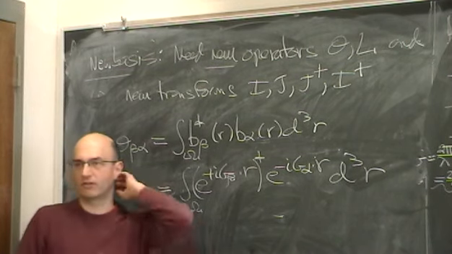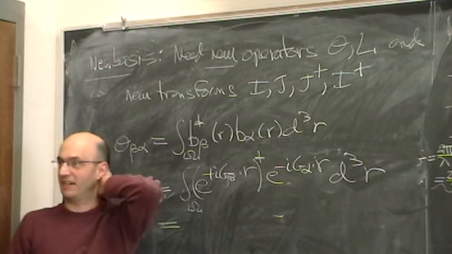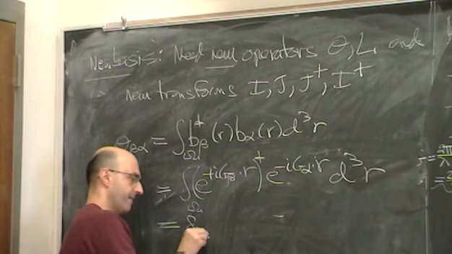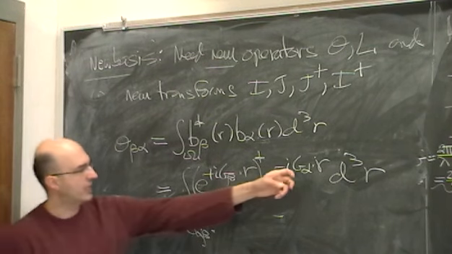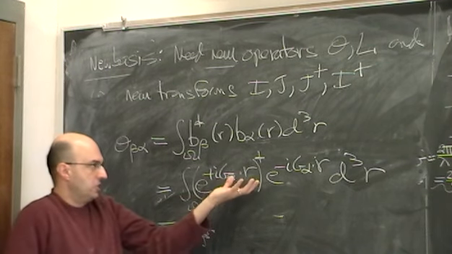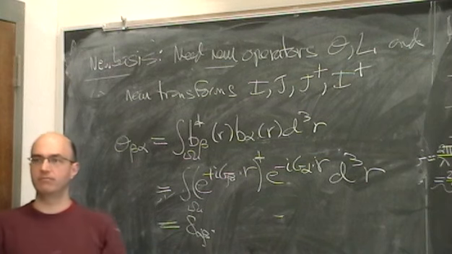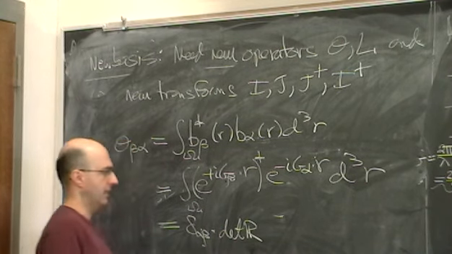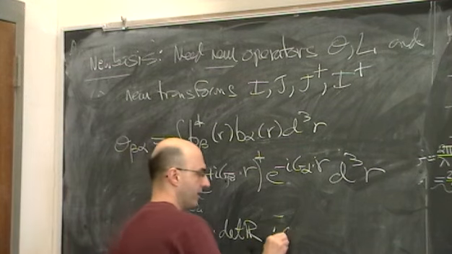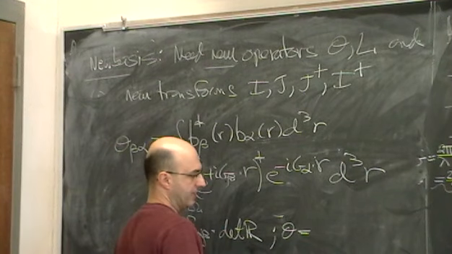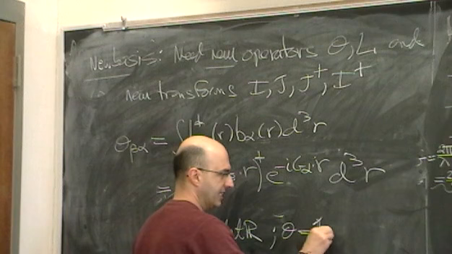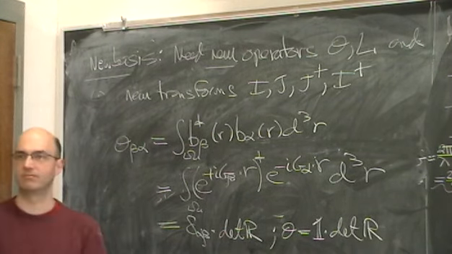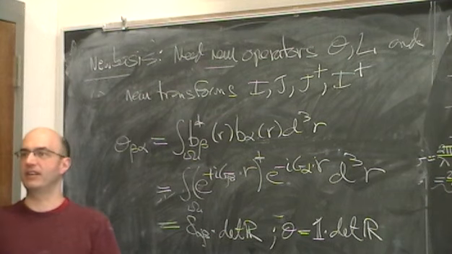It's still an orthogonal basis, so it's still the Kronecker delta alpha beta. When G alpha equals G beta, we're just integrating one over our volume. We get the volume of our cell, the determinant of our lattice constant matrix. So O, in fact, is precisely the same thing it was before: the identity times the determinant of our lattice matrix. In fact, you don't even have to change the code on that one.